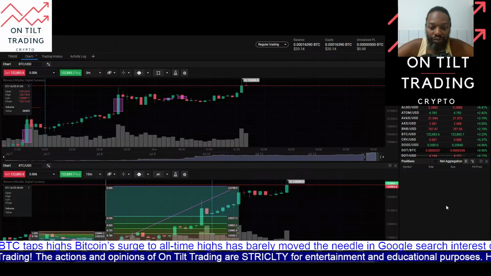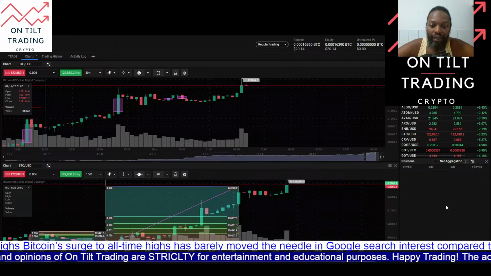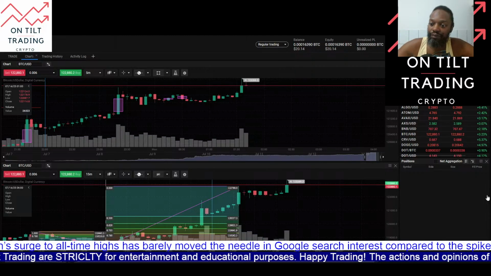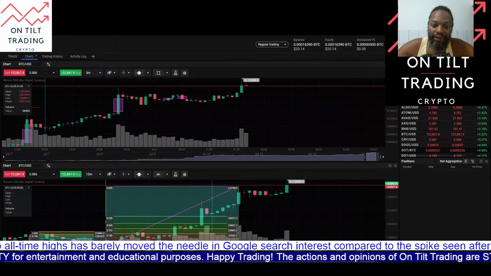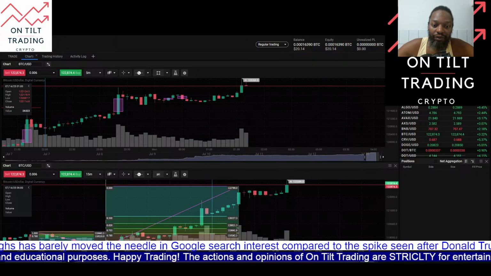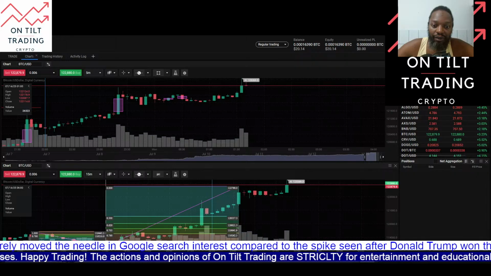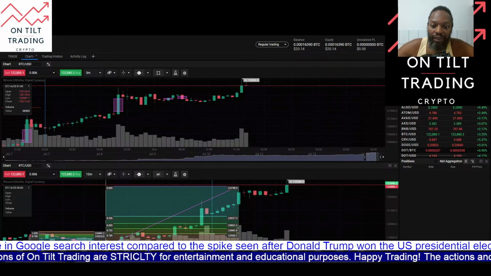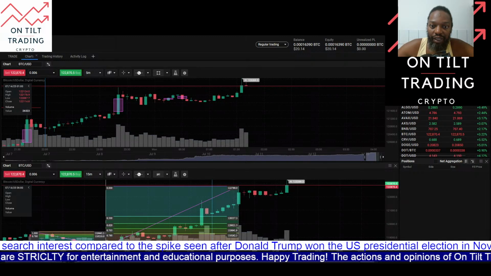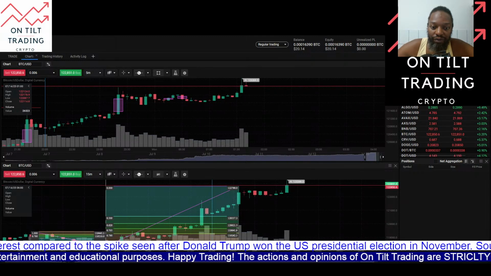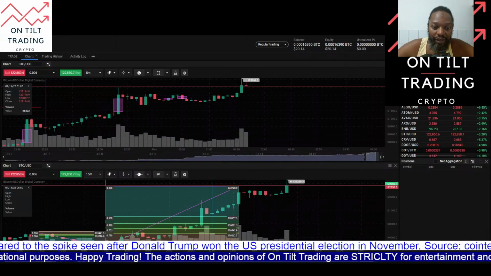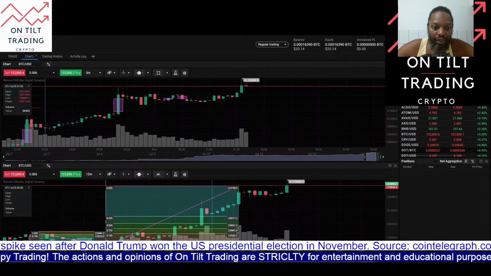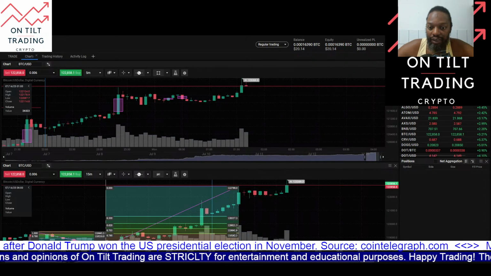There was buy side liquidity resting in this area here that was just swept out. So now I would look for a sell side liquidity pool to be targeted next.